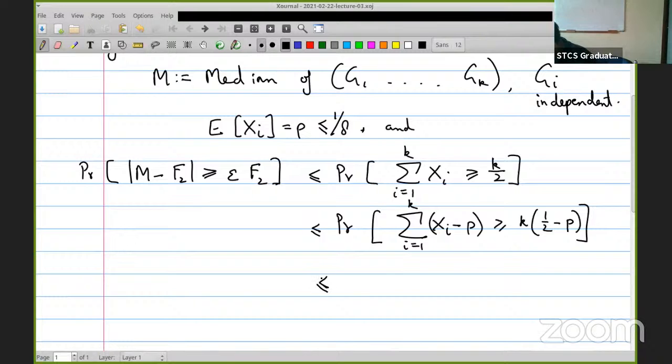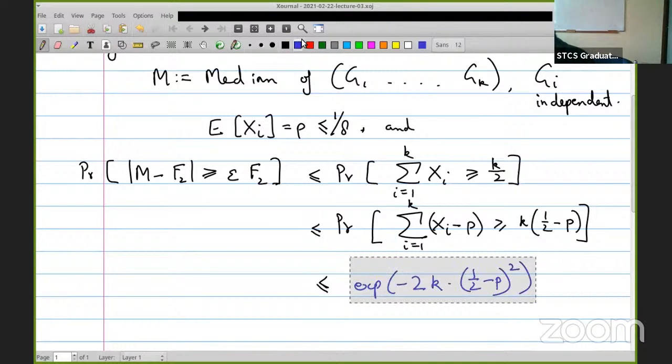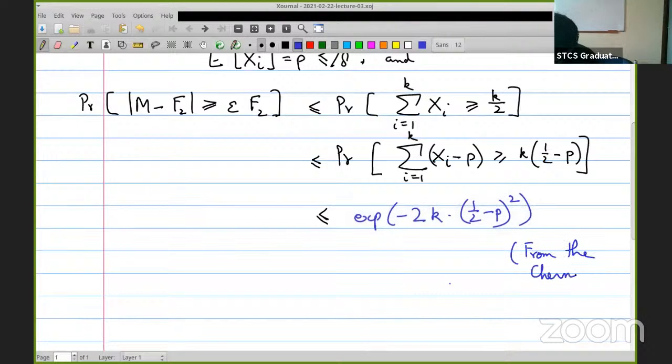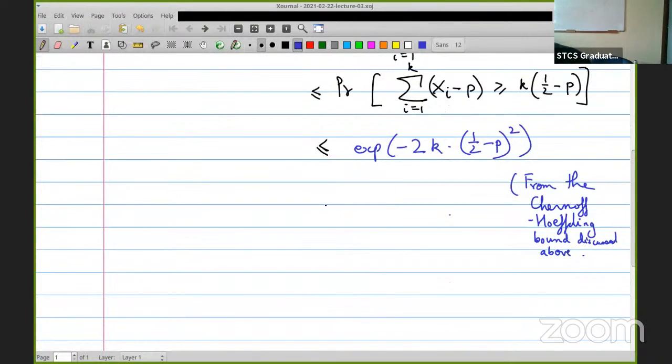And so this whole thing is less than exponential of minus 2 times k times half minus p squared. But we know that p is at most 1 over 8, so this whole thing is less than.